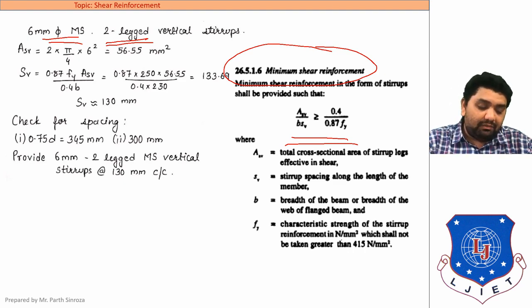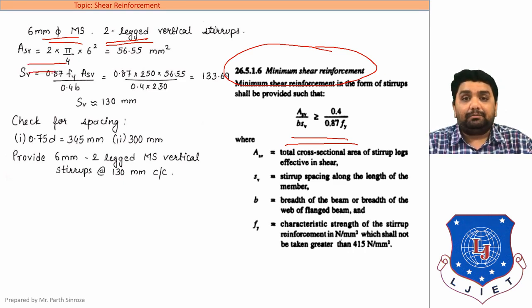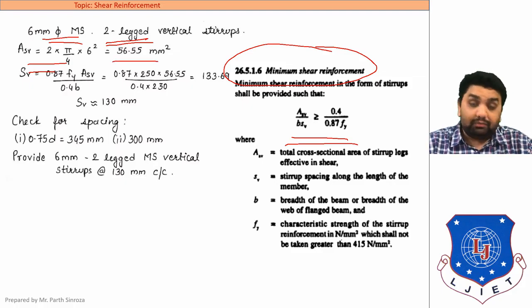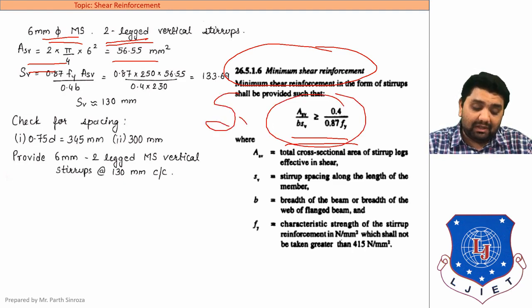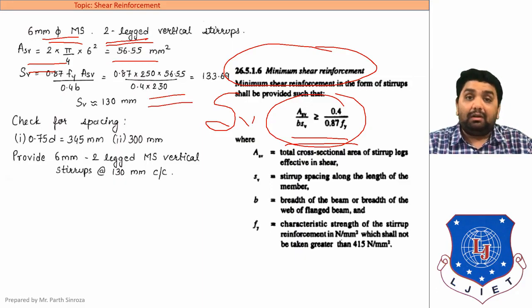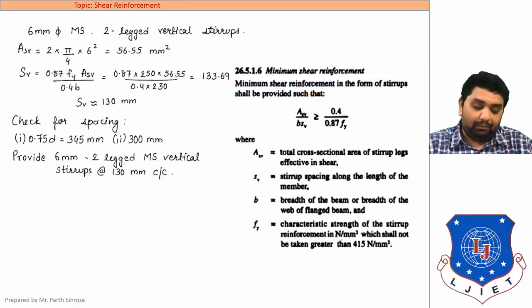Clear? So first we will need to calculate the area of stirrup. Here ASV will be the area of stirrup. So for 2-leg stirrups, it will always be 2 into pi by 4, 6 square, which comes out to be 56.55. So in this equation we will be making SV our subject, and we will be calculating the SV, that is the spacing of bars.